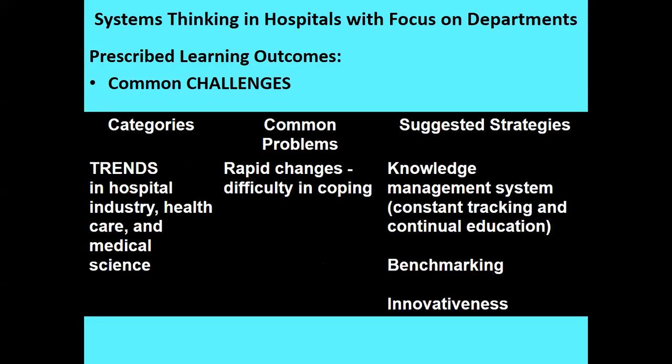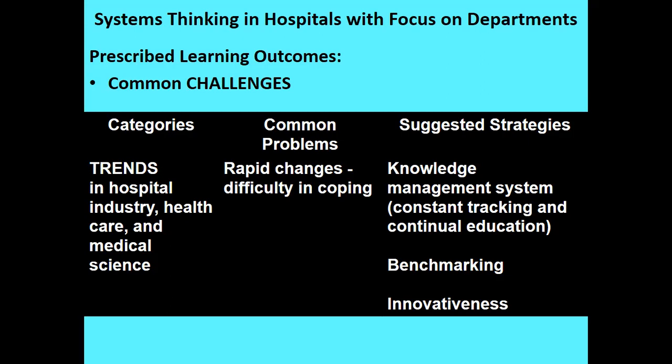The last category of problem here will be the trends in the hospital industry, healthcare, and health science. The most common problem is the rapid changes in the trends, which oftentimes are difficult to cope with nowadays. Suggested strategies will be to put up a knowledge management system that will constantly track all the information and data in the hospital, in the department, and in the field of healthcare, and then continuing education.